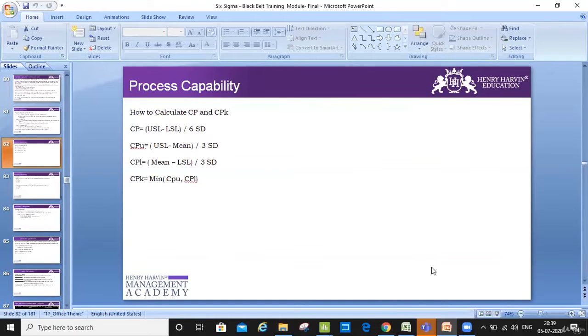CPU is CP for the upper specification and CPL is CP for the lower specification. We have to calculate CPU and CPL first, and the minimum of the two is the CPK. The formula for CPU is USL minus mean upon 3 standard deviation, and the formula for CPL is mean minus LSL upon 3 standard deviation.